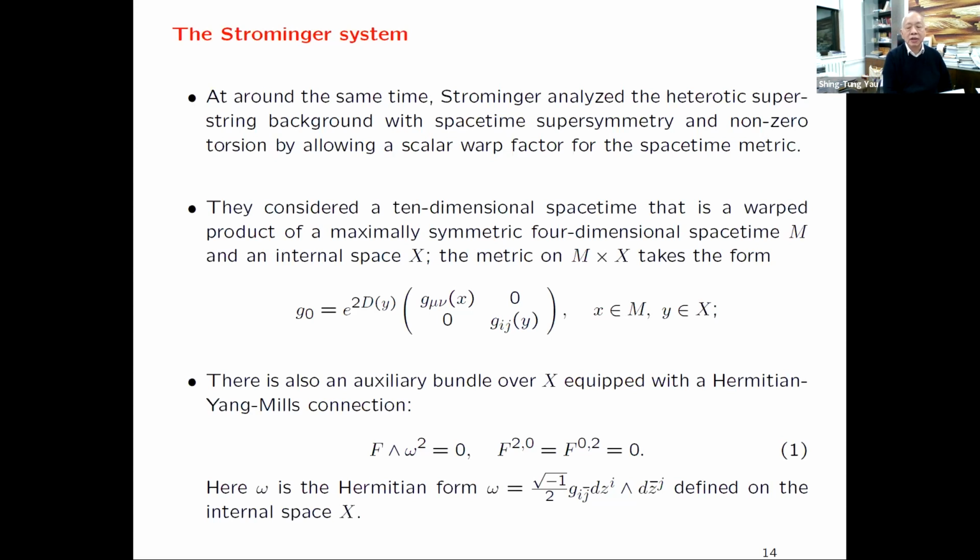The Hermitian-Yang-Mills connection is described by this equation 1. The curvature of this bundle wedge with omega squared is equal to 0, and it's a holomorphic vector bundle. So the (2,0) part and (0,2) part of the curvature are equal to 0. So this gives rise to a bundle and the metric G_ij and the bundle.